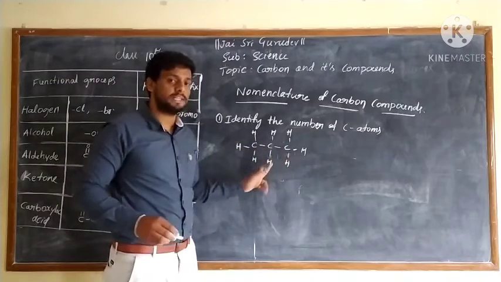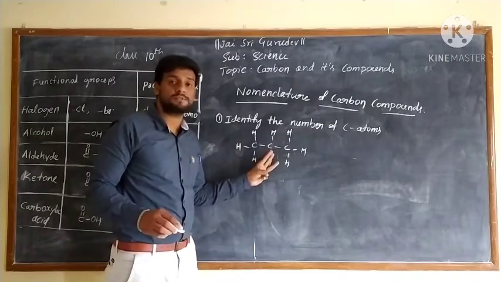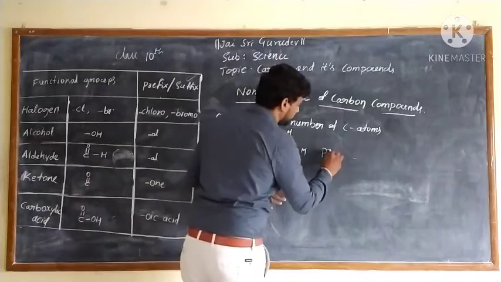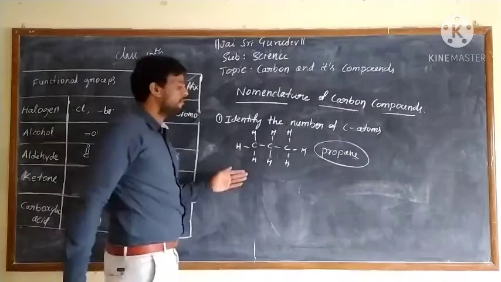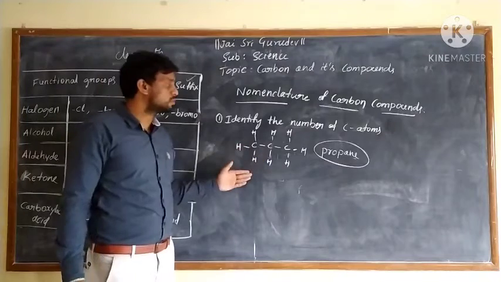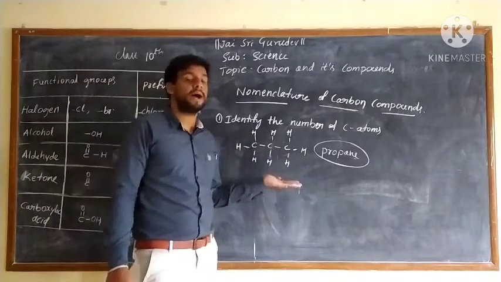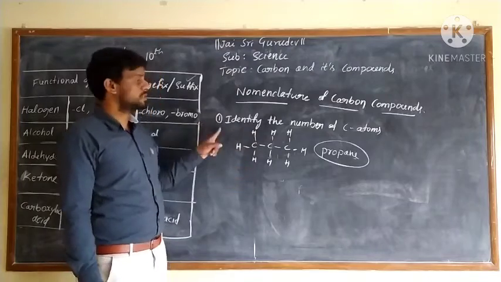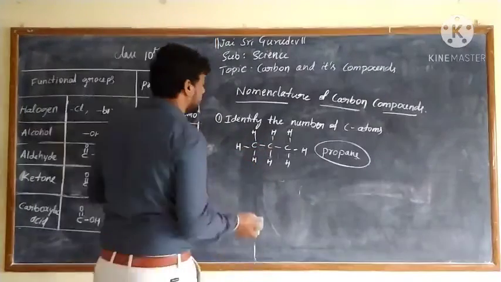So a saturated carbon compound with 3 carbon atoms is propane. This is an example of finding the number of carbon atoms in a carbon compound. So this is the first rule: identify the number of carbon atoms.